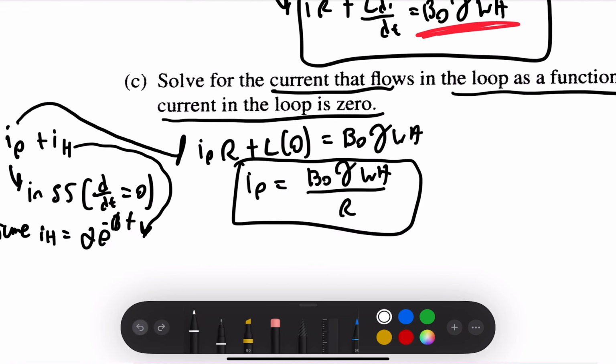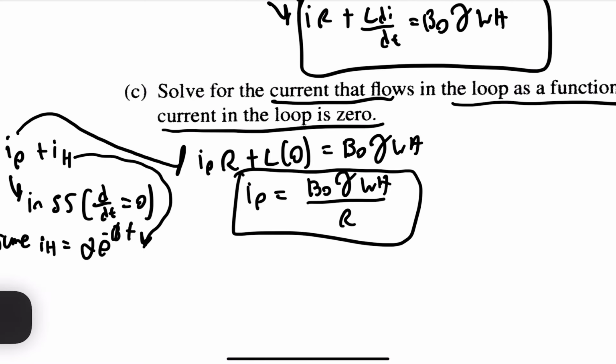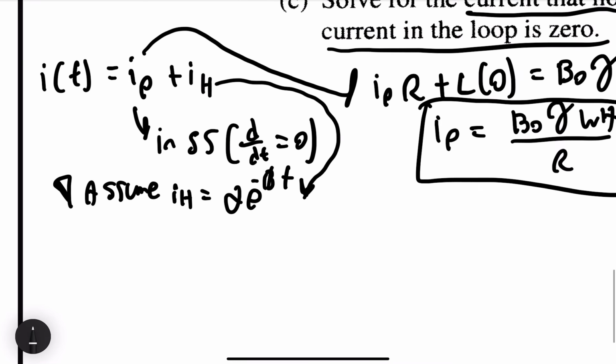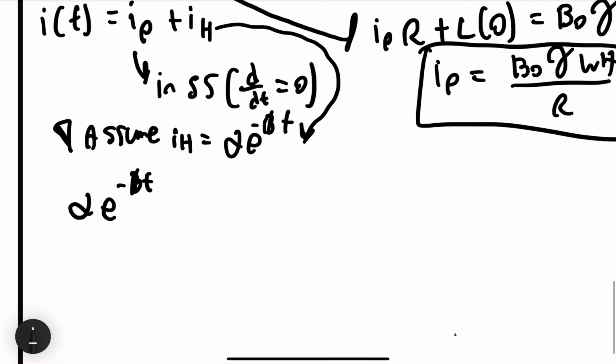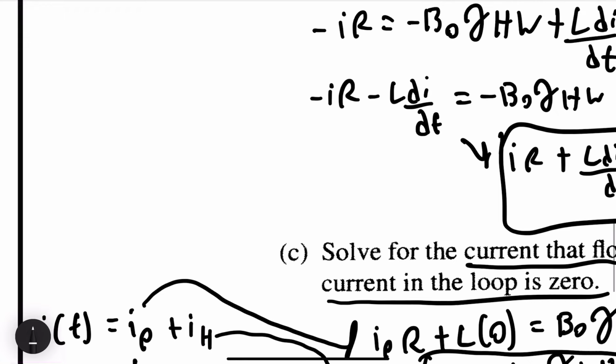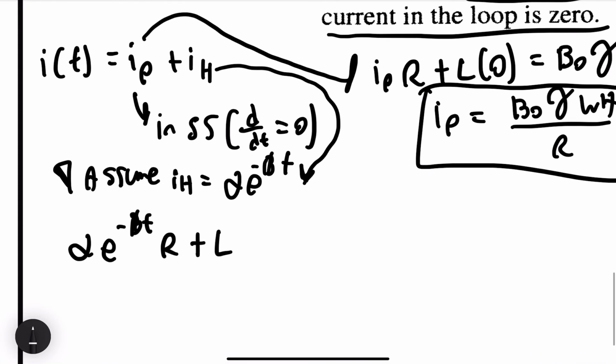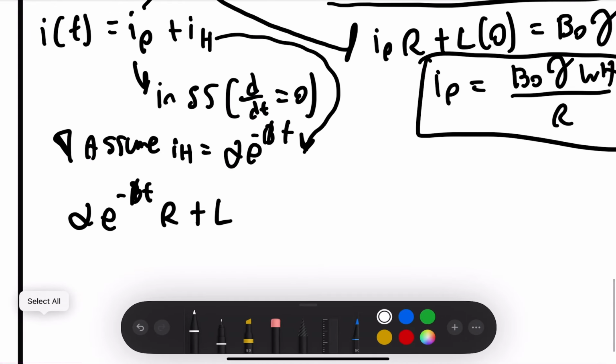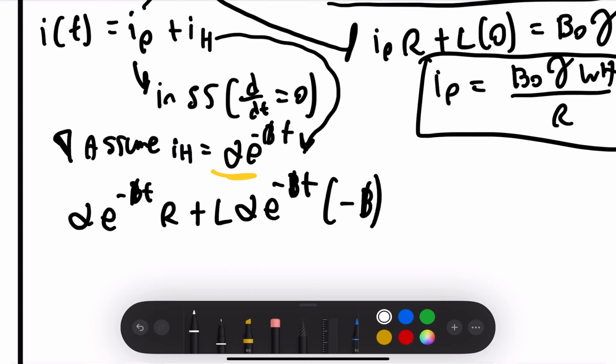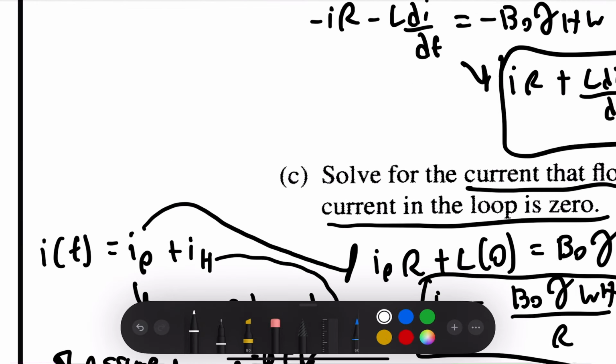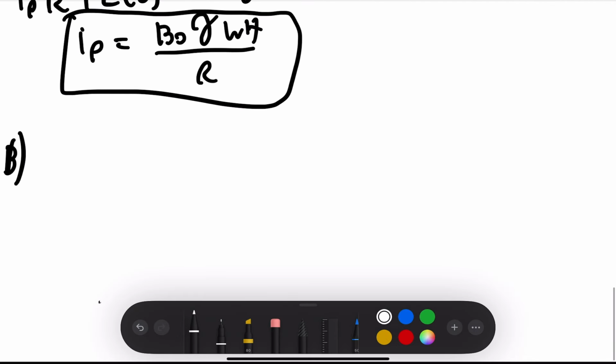So if I just plug that in, I would get alpha e to the negative beta t times R plus L, and then the derivative of this, which is itself, alpha e to the negative beta t, times chain rule, which is negative beta. And again, we're assuming it's a homogeneous solution, so it's going to equal 0.